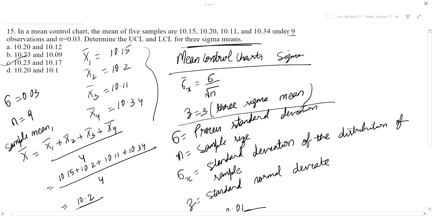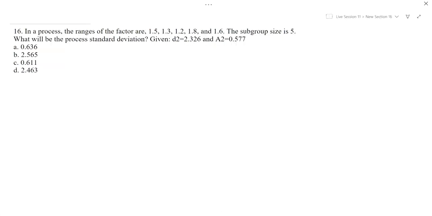Now the next question. In a process, the ranges of the factors are given; this is a mean control chart range question.